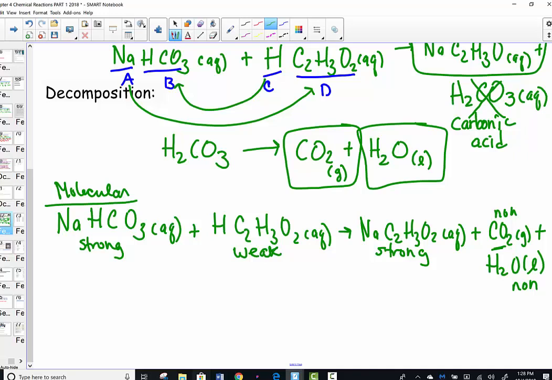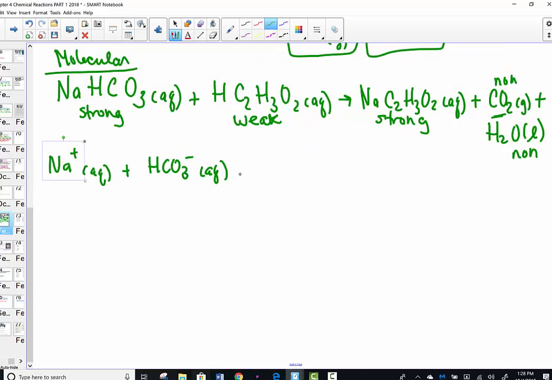When sodium hydrogen carbonate breaks apart, we see an aqueous ion of sodium and an aqueous ion of bicarbonate. Acetic acid, you told me, was not one of the 7 strong, so therefore we know we must leave it together.